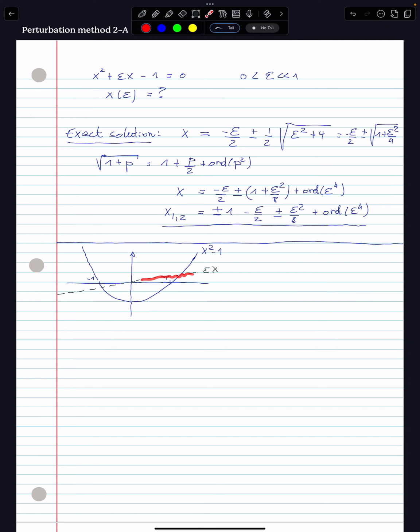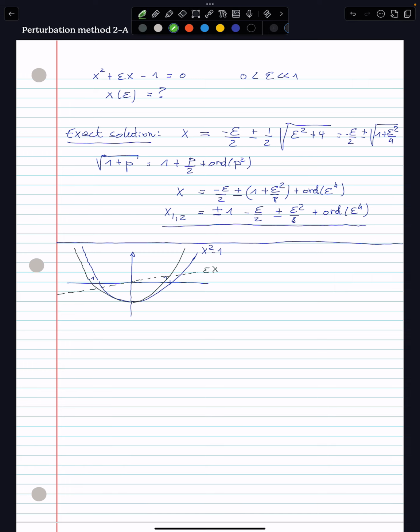Everything on the right is shifted up. Everything on the left is shifted to the bottom. All right, so it means that the curve that we obtain is something like this. Okay, this is a little bit exaggerated. And on the other side, we have something like that.